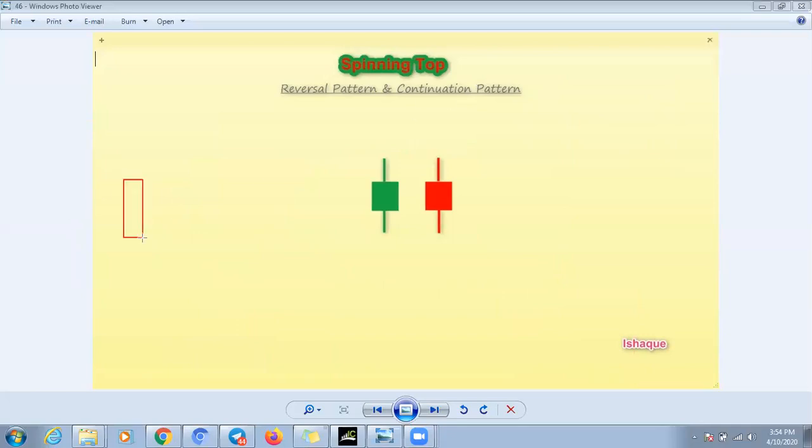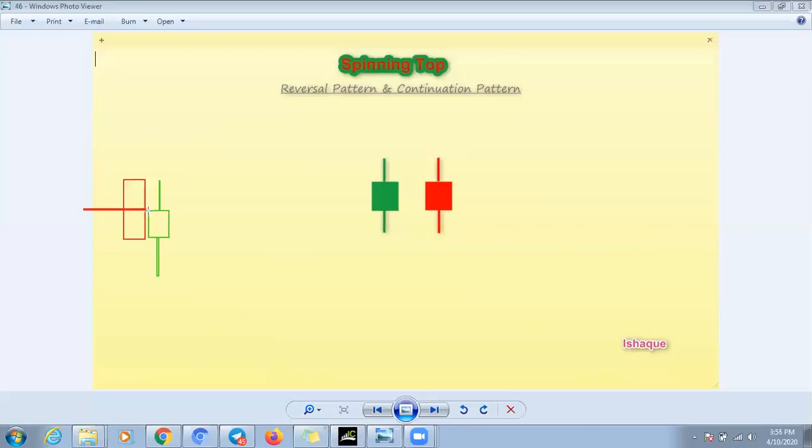If you find a candle like that, we understand that the 50% level of this candle is a level, any level. After that, you find a spinning top like this.